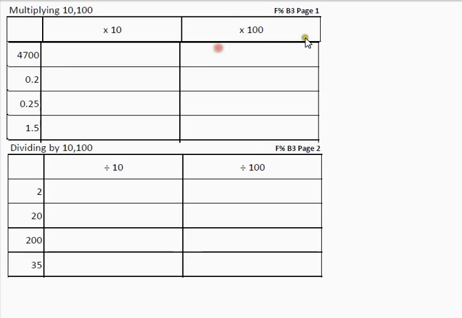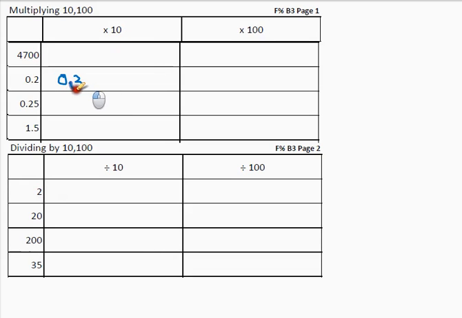We are going to times by 10 and times by 100, which I'm sure you can do for this. This first one, you just add a 0 and add 2 zeros. But how will you do it for a decimal number? Let's see, we've got 0.2. Now we times, in other words, we want a bigger answer.